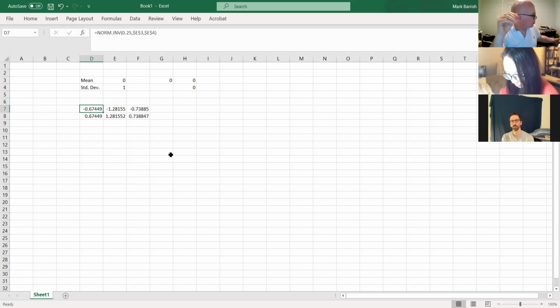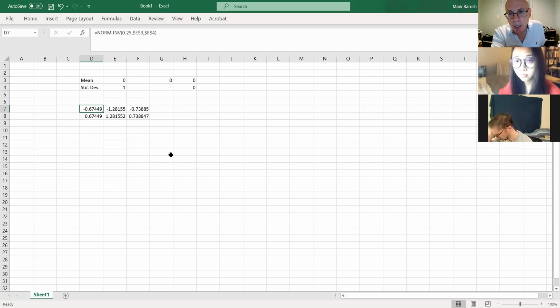All right, do you have any questions about 7.17? Not so bad, right? Once you understand, what you're really trying to find are those values of Z that correspond to those areas to the left of it. And that's called an inverse function.